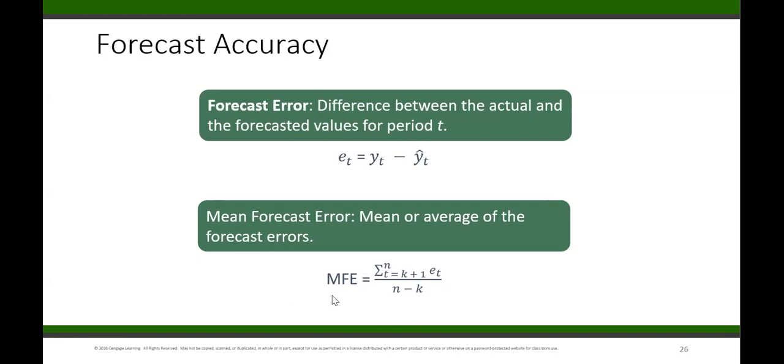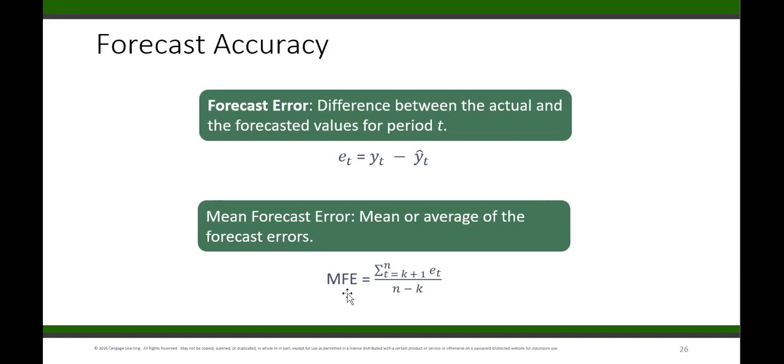If you do this, the positive and negative numbers are going to cancel out each other, and MFE is going to be very close to zero in most cases. It doesn't truly show the accuracy of the forecast. It doesn't show the error. It doesn't show the deviation from the actual numbers. So that's really not a good forecast accuracy measure.